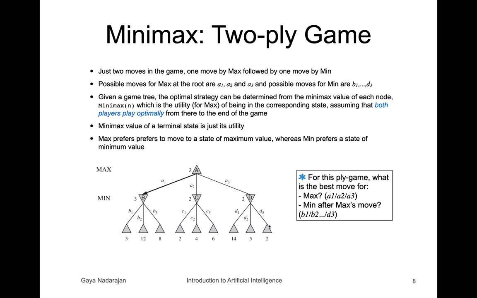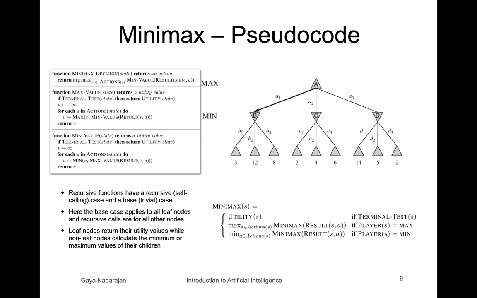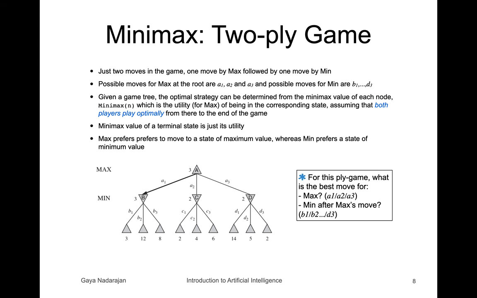So assuming Max has taken A1, because A1 will lead to 3, then Min is going to take B1 over here. So it's going to be A1 for Max and B1 for Min for this game to be optimal for each of them. But let's see how we work on this in an algorithmic sense.